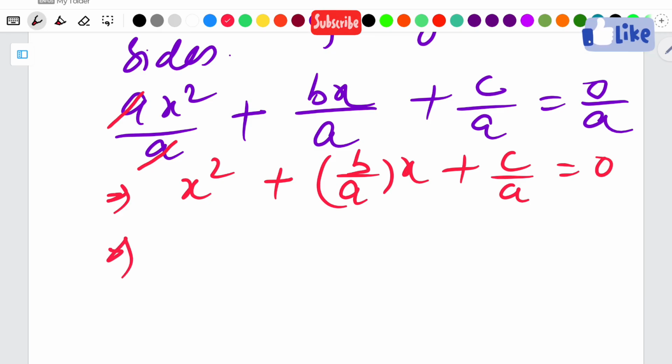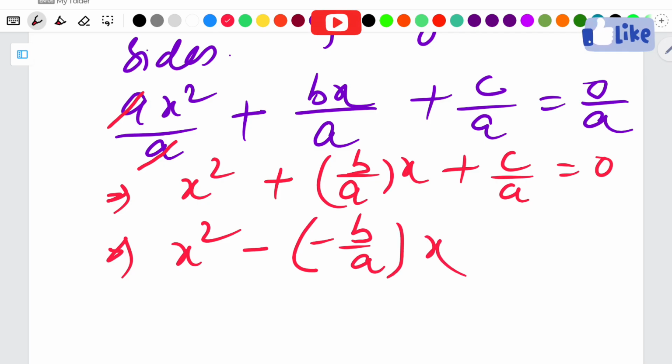Now can you write this equation as minus of minus times b by a times x? Why? Because we need plus b by a times x. So minus of minus will become plus b by a times x plus c by a, which is equal to 0. So this is equation 3rd.